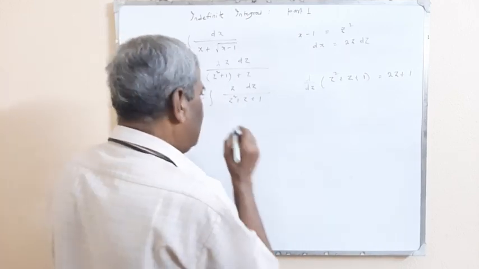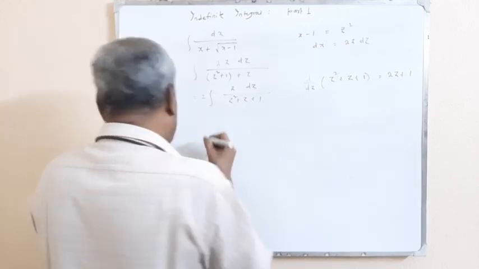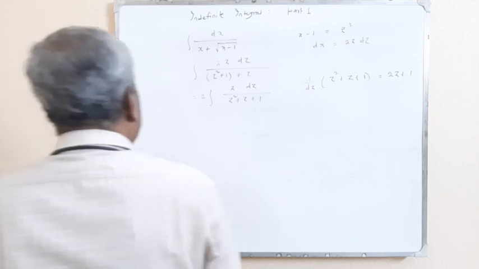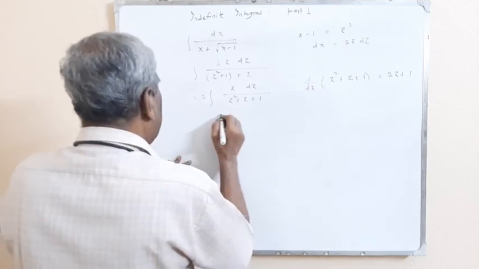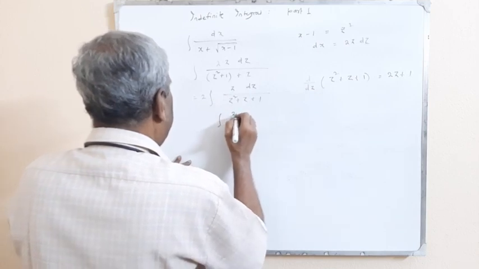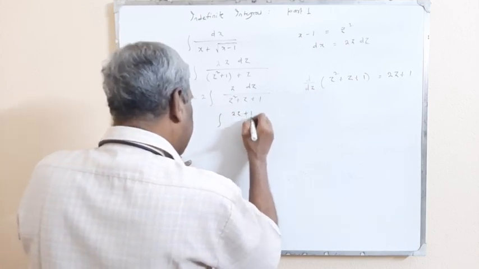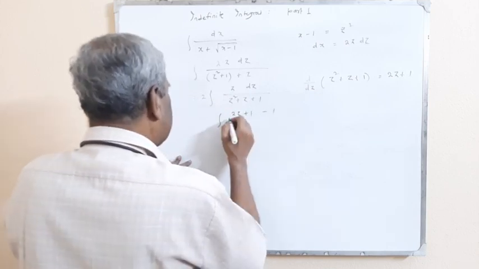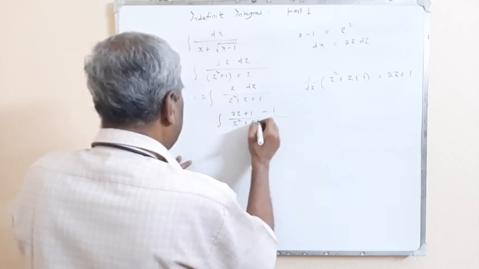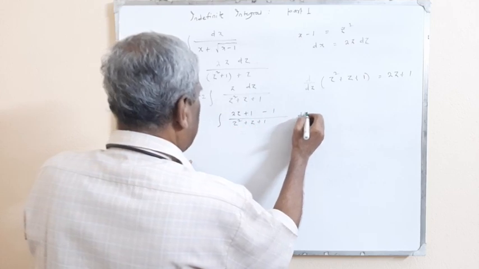So I write it as 2z plus 1, I write plus 1 and then adjust, by z square plus z plus 1 dz.